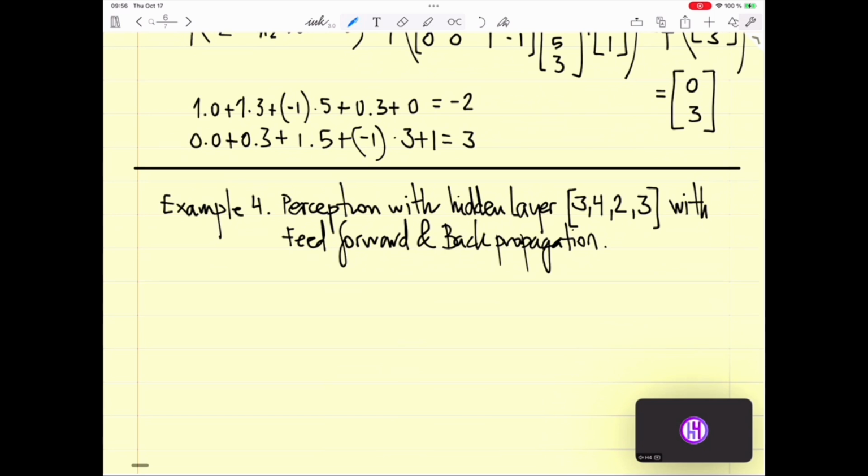For that, we need to learn one more thing, which is the concept of the softmax function.